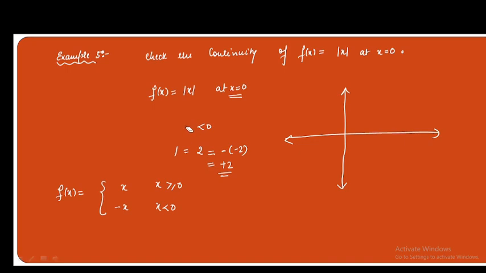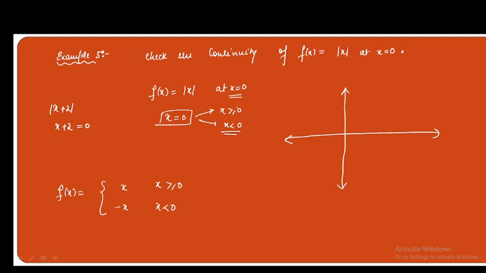Whatever is present inside the modulus, you have to make it equal to 0, and then you have to break it into two parts. Okay, here only x is present, so I'll put x equal to 0, and then I'll use two conditions. One is x greater than equal to 0 and x is less than 0. Suppose I have x plus 2, then what will I do?